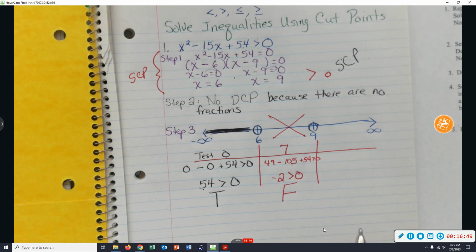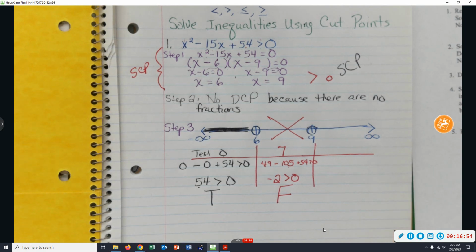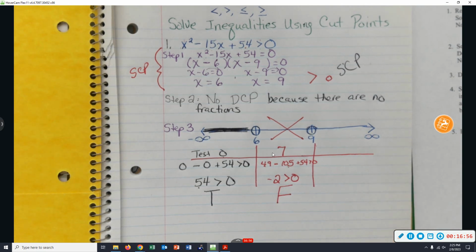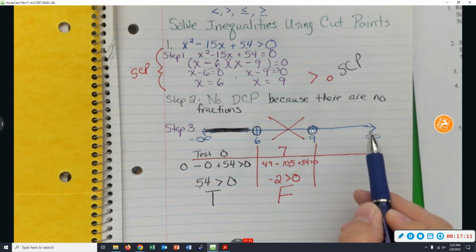If 7 doesn't work, then 8 automatically doesn't work too. In fact, every decimal number between 6 and 9 will not work. 6.123 will not work. None of those work, so we go on to the next interval. No numbers between 6 and 9 work.